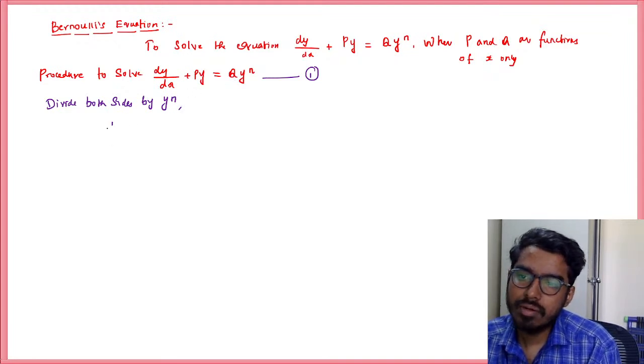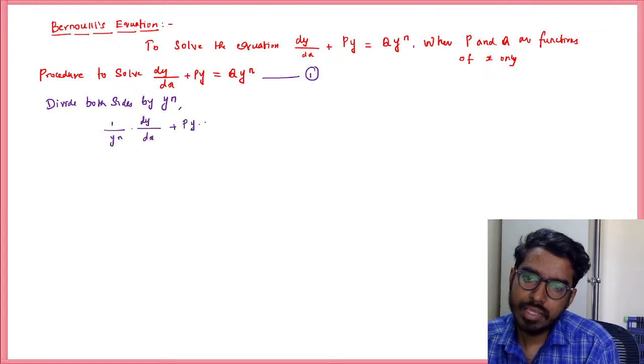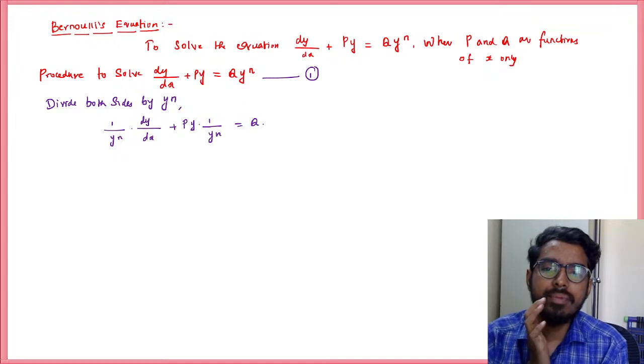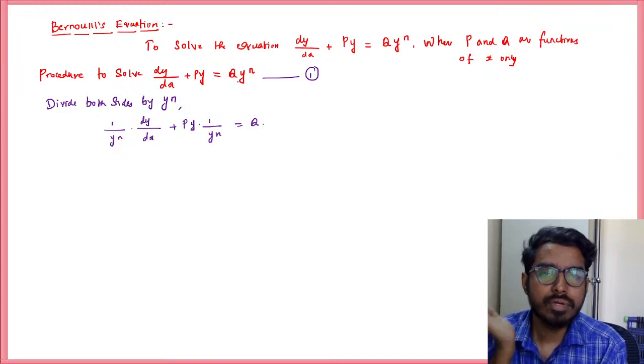So this will be (1/y^n) dy/dx + Py (1/y^n) = Q. I'm dividing throughout by y^n, so this y^n on the right side becomes 1.